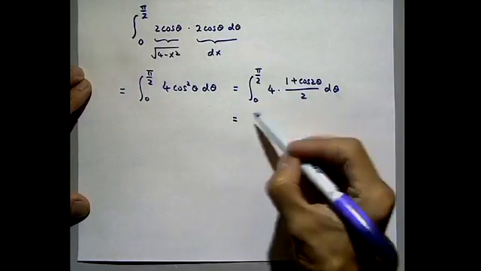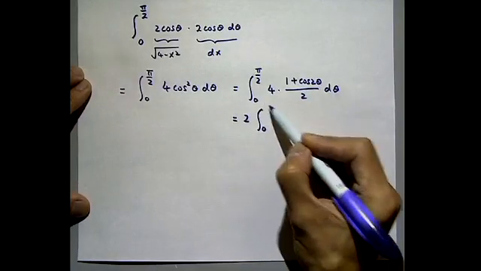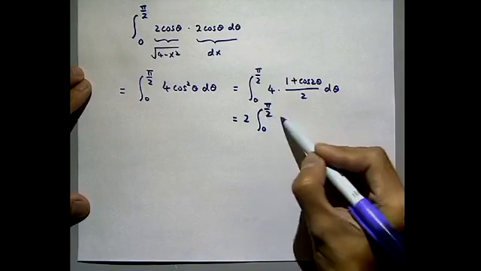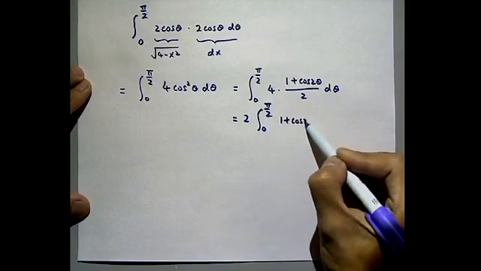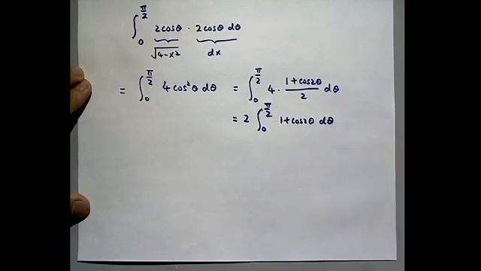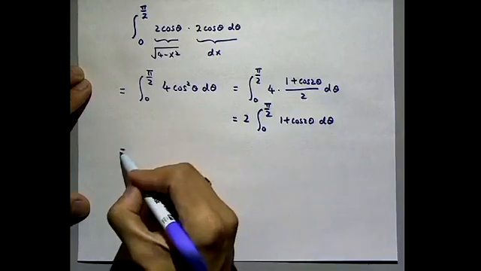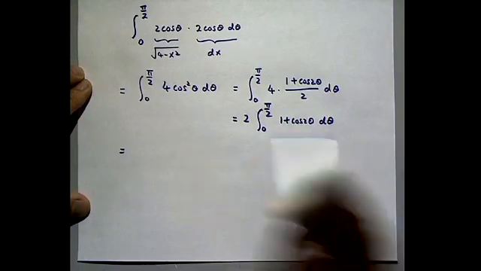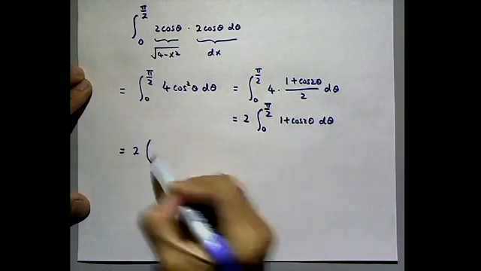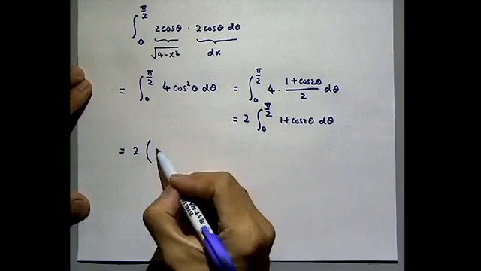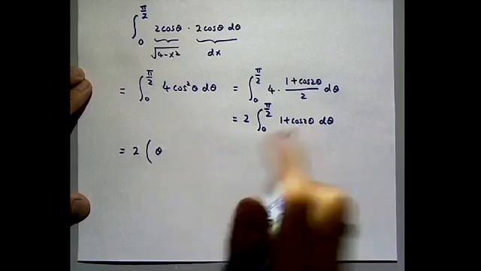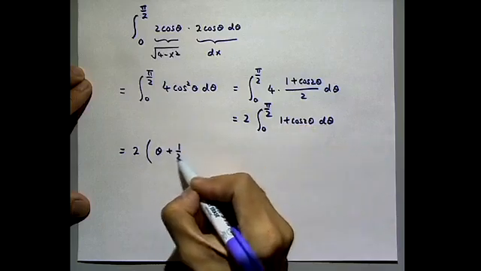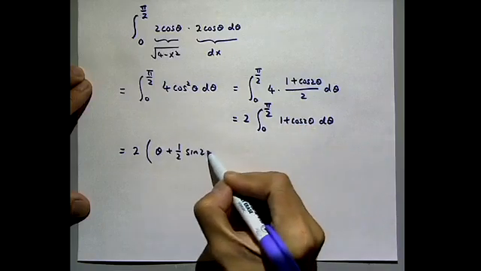So that's a 2, which I'll take outside. And then what's left here is simple, very easy to do. We get a theta from the 1, and then this is 1/2 sine of 2 theta.